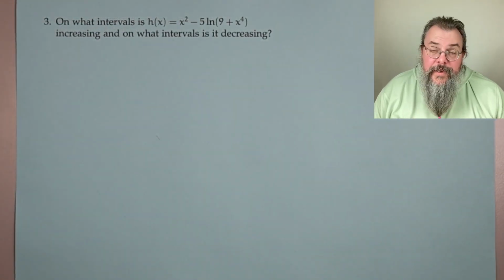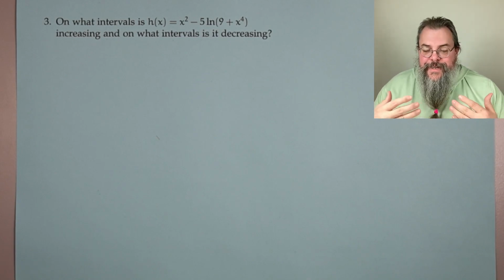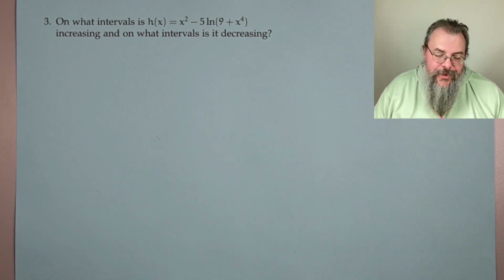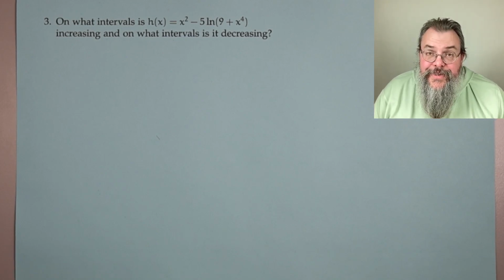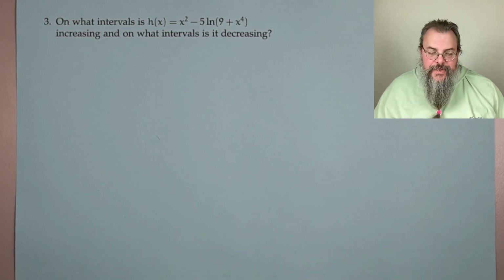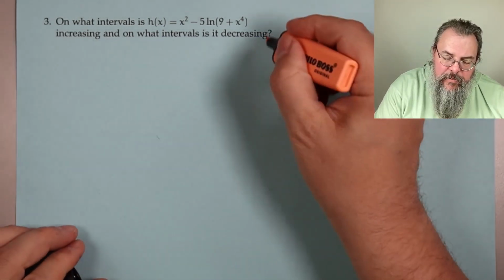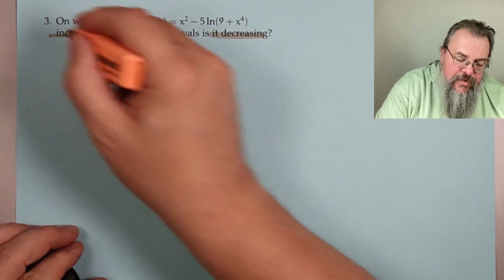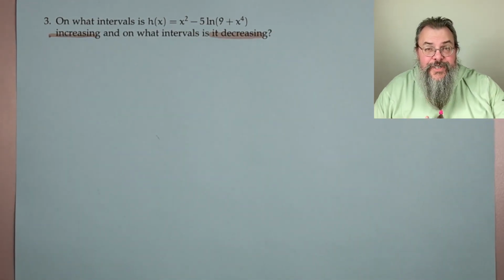On what intervals is h of x equals x squared minus 5 natural log of 9 plus x to the fourth increasing, and on what intervals is it decreasing? Okay, so before we get too far into it, we notice it's asking us about decreasing and increasing. These are first derivative type questions.